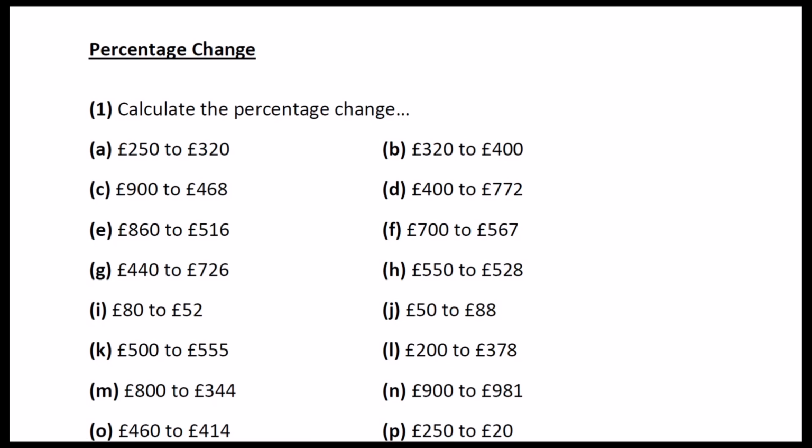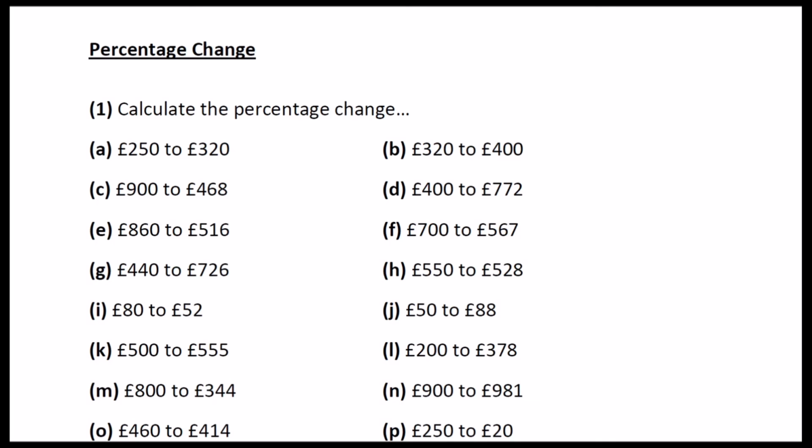Your task for today is to complete the percentage change worksheet, which is being displayed on the screen right now. Please make sure you download this from Show My Homework, as some of the questions are currently hidden, including a problem solving section at the end. You can use your calculator to answer all of these questions, but I strongly recommend doing a couple without and then using your calculator to check if you've got it right.